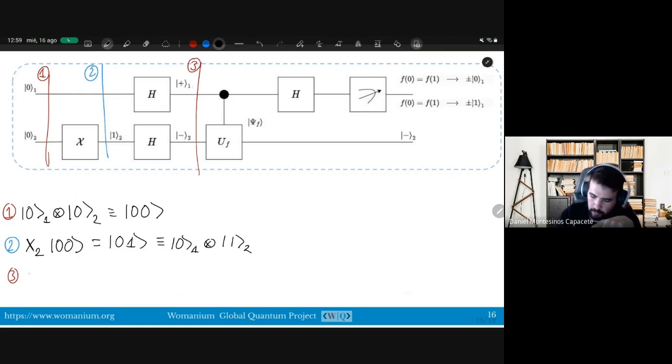So this would just be H1, H2 acting on 0 1, and this would be plus minus, right? I mean, you can also write this using the tensor notation, but normally you don't do that. I'm just doing that for you to have a better understanding of this, but I hope it's clear enough.